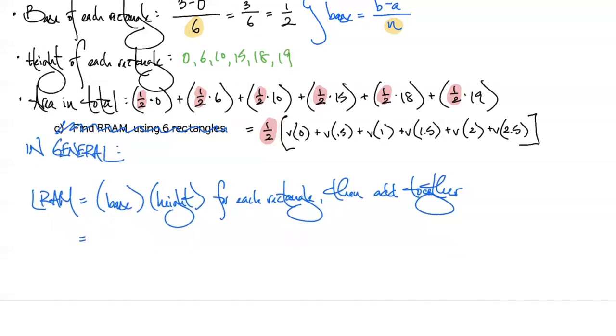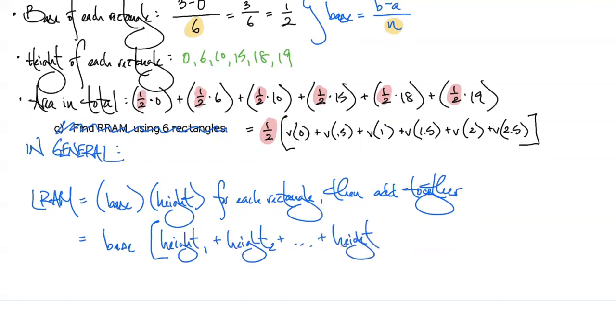And so what we'll have is the base times the first height plus the second height plus, and so on, up to the height of the second to last one.